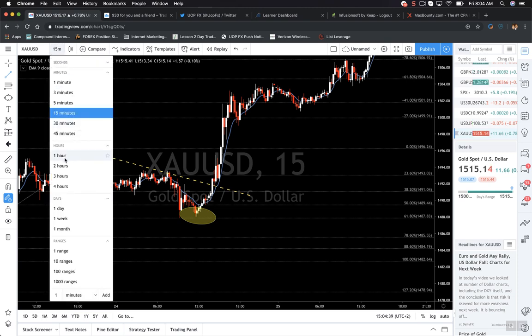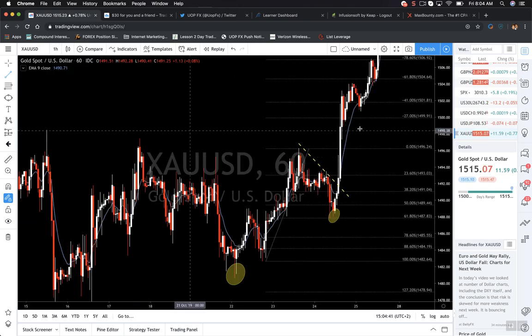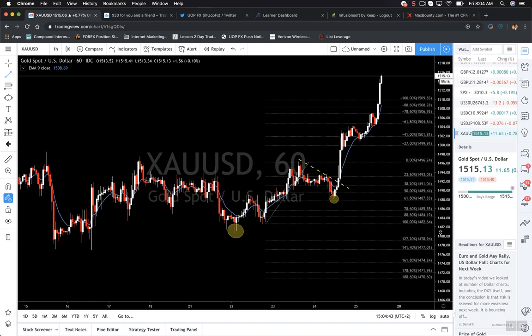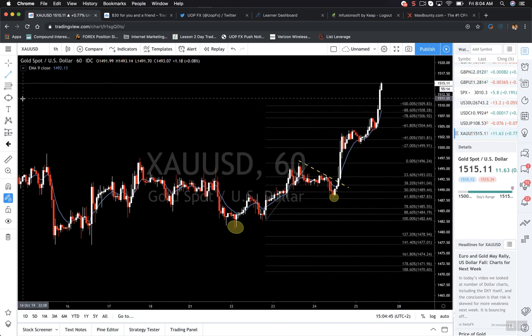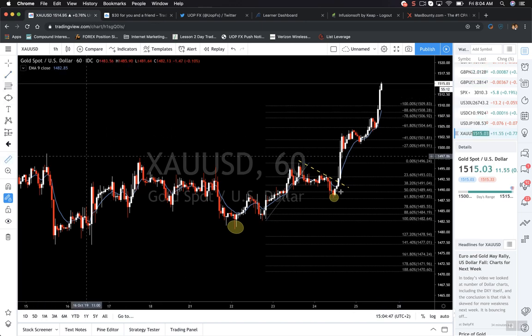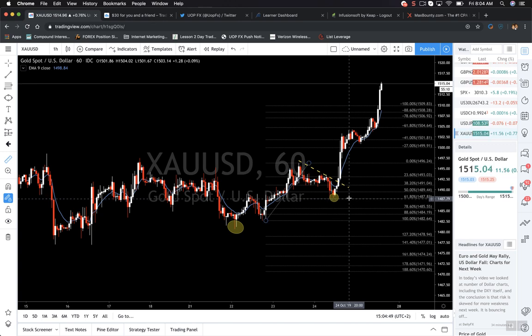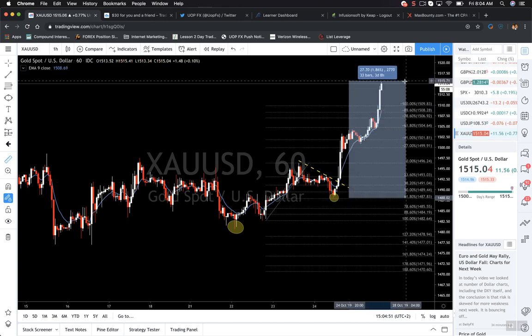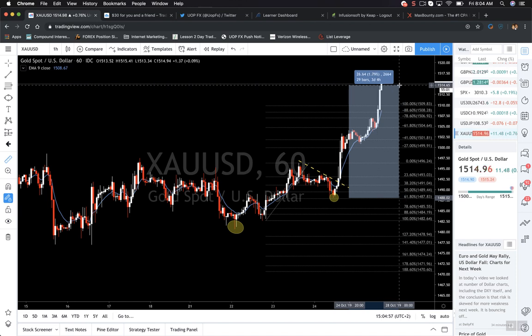If I was to zoom out a little bit more, just to see where the pip range is from this 618 up to here, you get 272 pips.